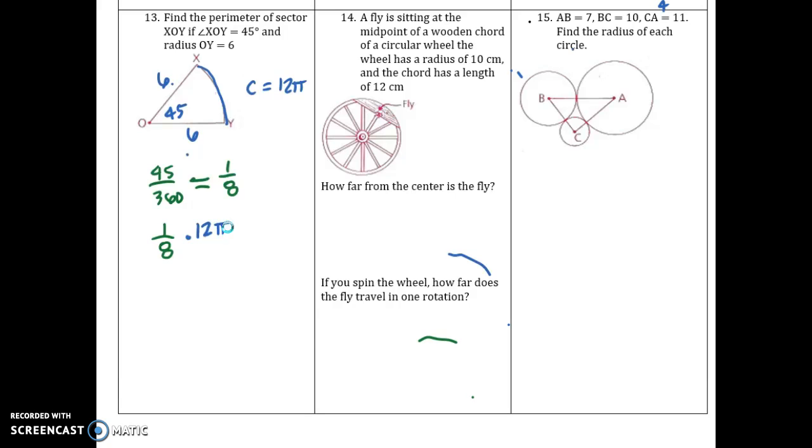So again, practice your cross canceling. Makes life a little bit easier. They both divide by 4, so that's a 2. That's a 3. So you end up with 3 pi over 2. So your perimeter of the whole sector would be 6 plus 6 plus 3 pi over 2, which is 12 plus 3 pi over 2.